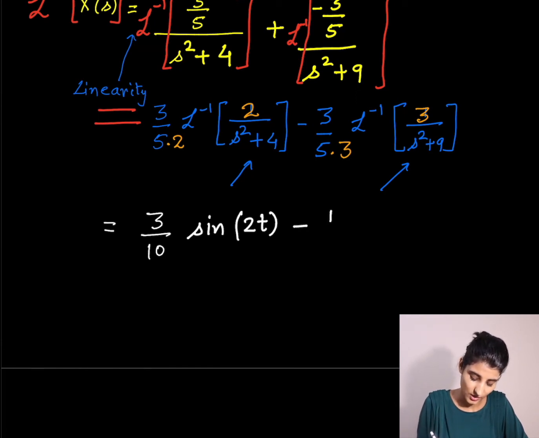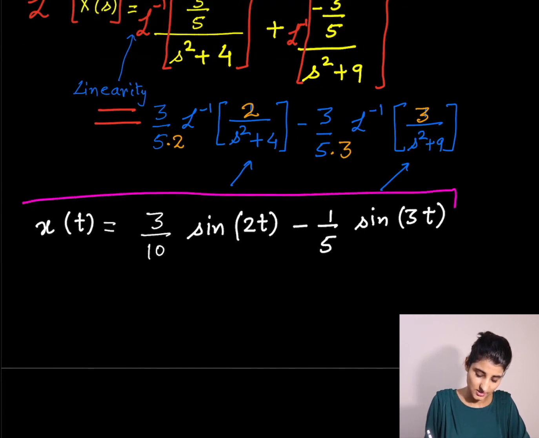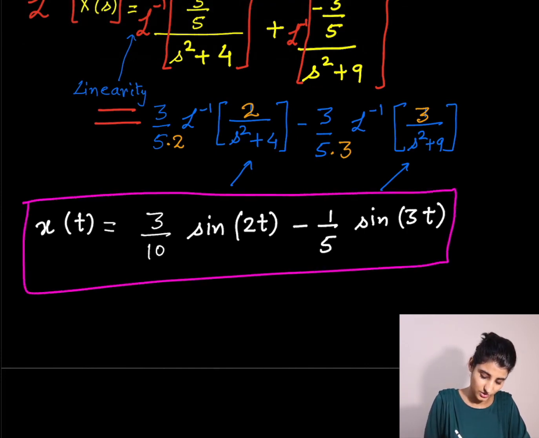We have 1 over 5 sine 3t, and Laplace inverse of xs is xt. So this is our xt, this is our solution.